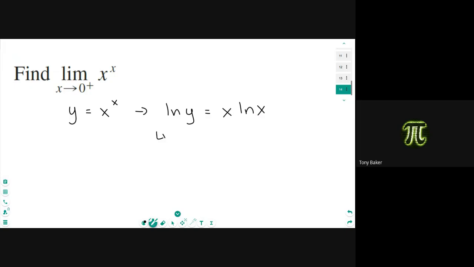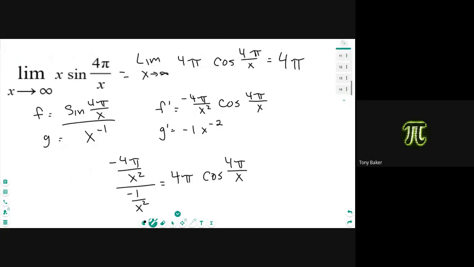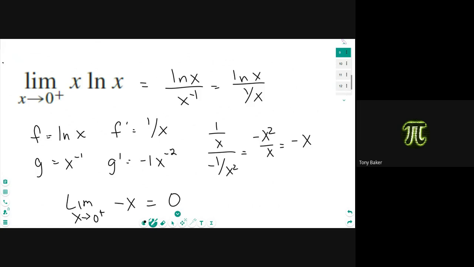So if we did the limit, so what was x ln of x? Where we did that one? Right, but what was the answer? 0.